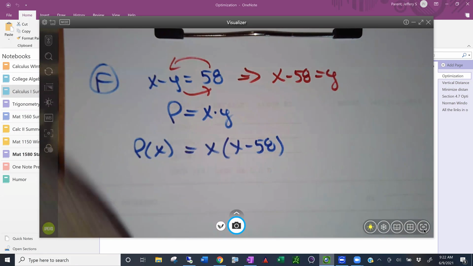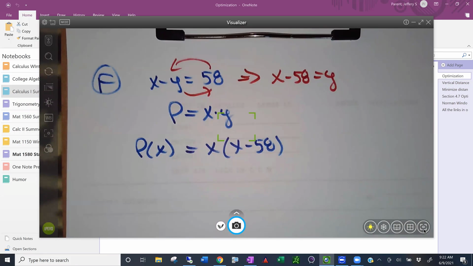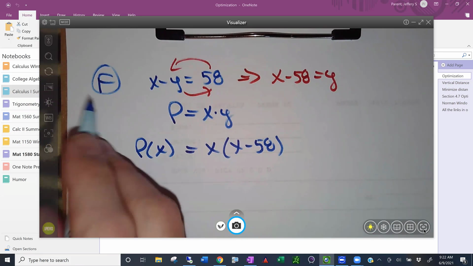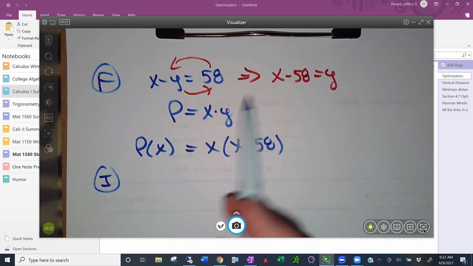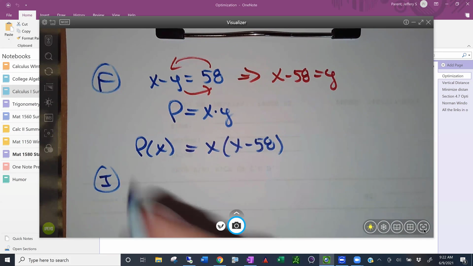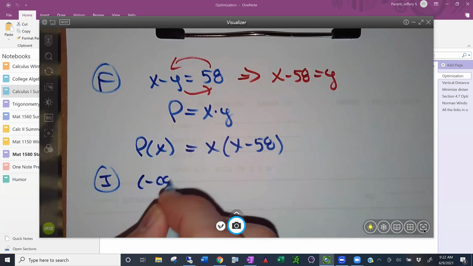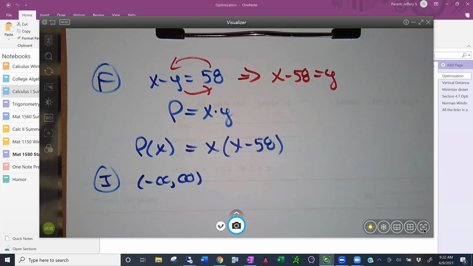Not a big deal, but we'll do it with one right now. So that's our picture. Or excuse me, that's our function. Interval. Well, there's no natural restrictions again. There's nothing that says we can't let X be bigger than this or Y be smaller than this, etc. So our interval is negative infinity to infinity.